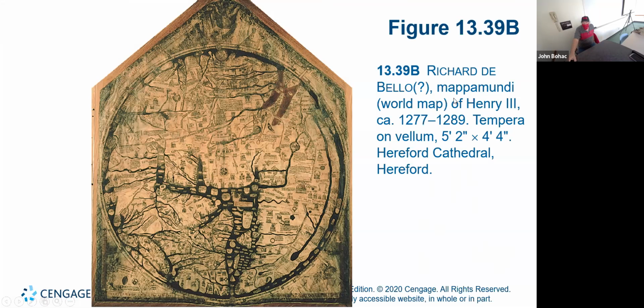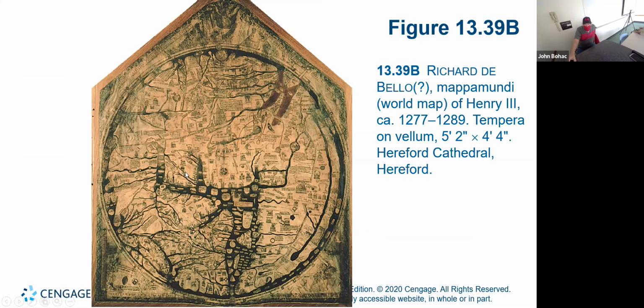world map. Mappa Mundi. Mundi means world. And so you see it is in a circle. And this is in the 13th century. One of the things that they did was make a lot of maps, and a lot of those maps had to do with their trade routes and their connection to the Holy Lands.